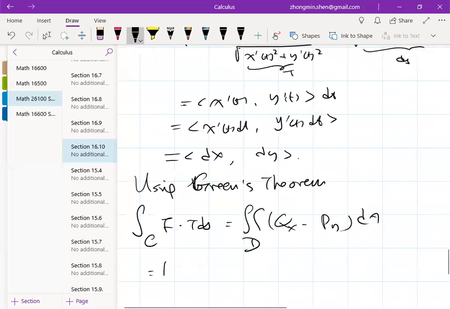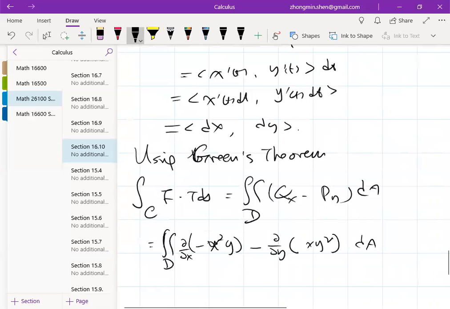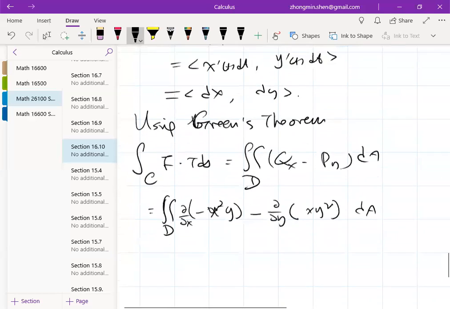So our Q is going to be negative x squared y. P is xy squared. Let's simplify it.